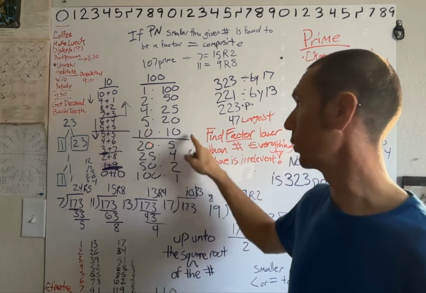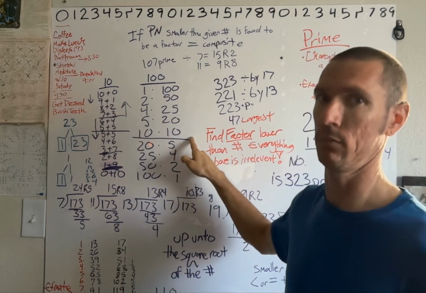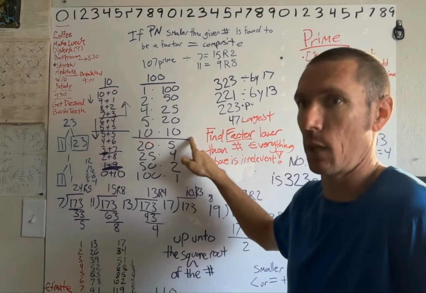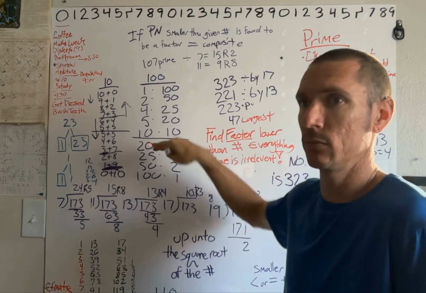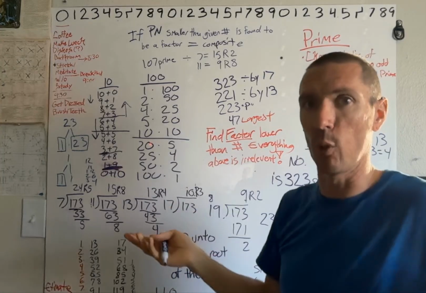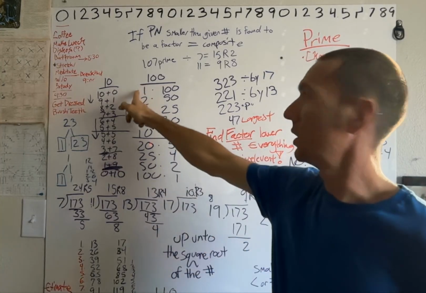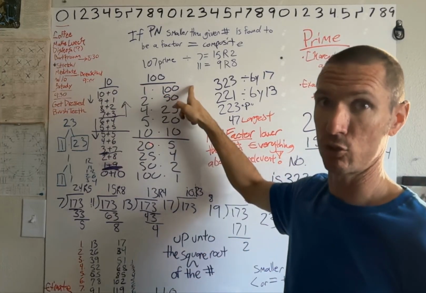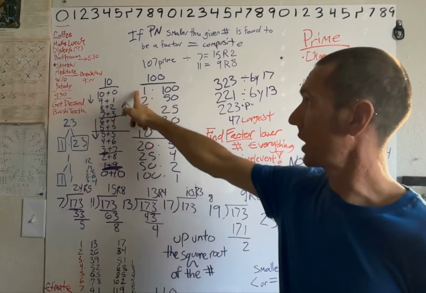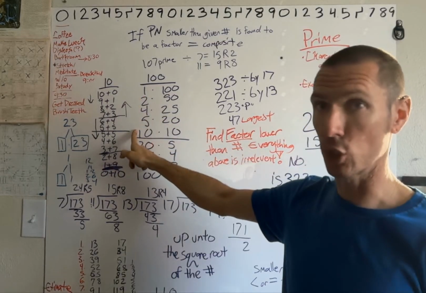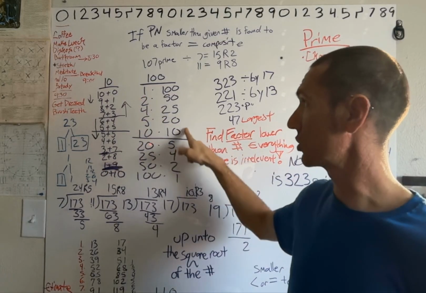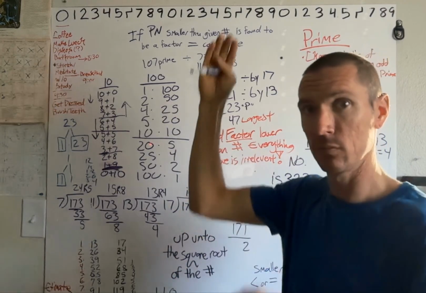So once you hit that halfway point, you can just stop because you've already done both sides. You've already done the small number and the large number. Because as this number keeps getting larger, it's just going to start repeating itself mirrored.